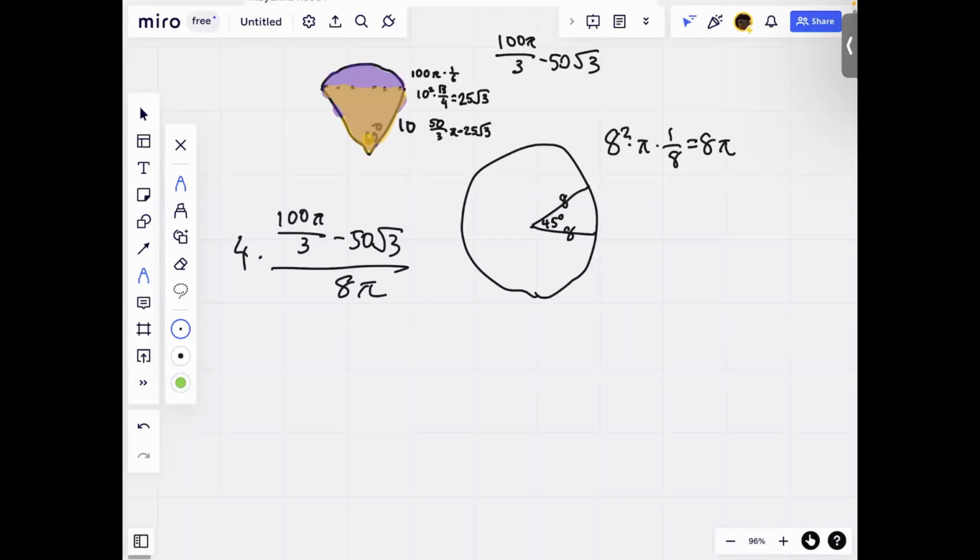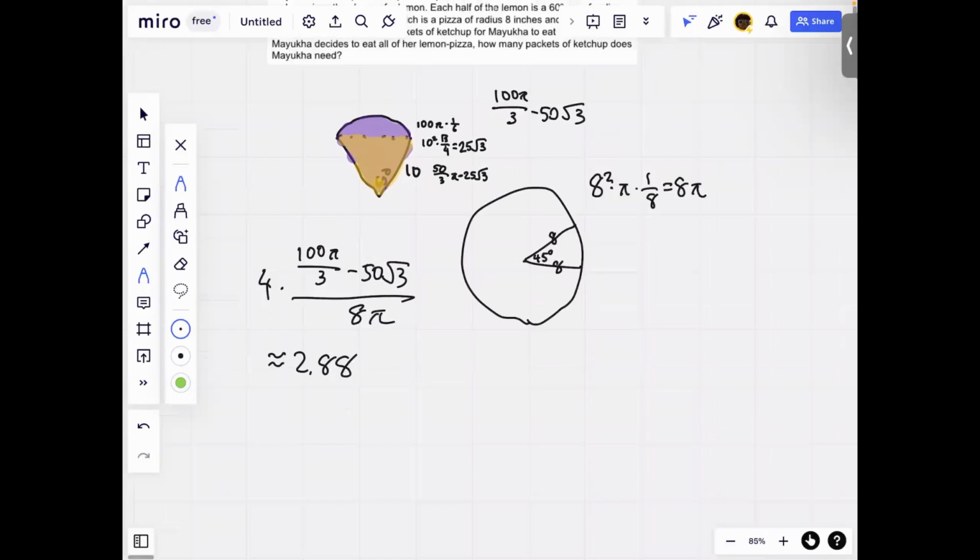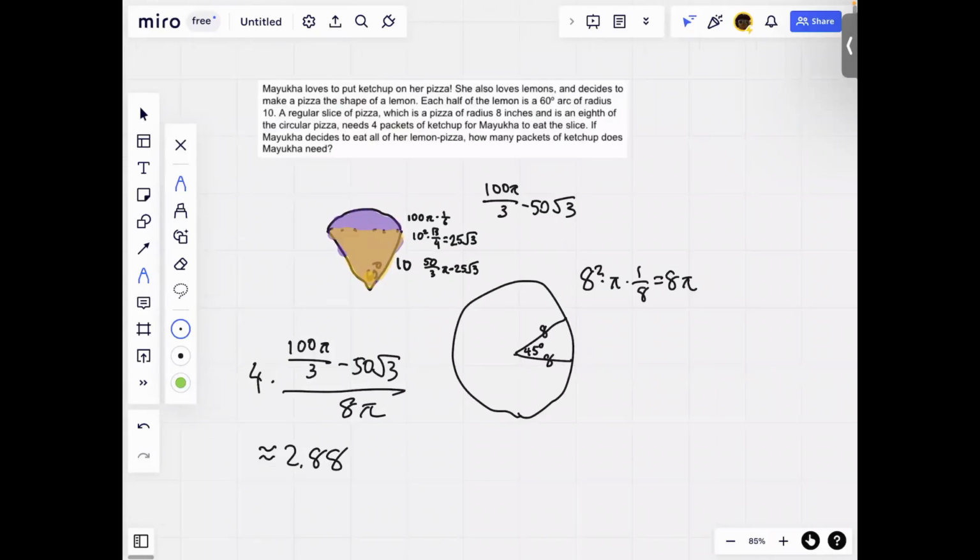If you calculate this, we get around 2.88. So that means that she needs 3 packets of ketchup for her pizza.